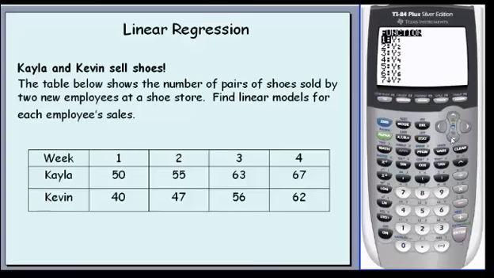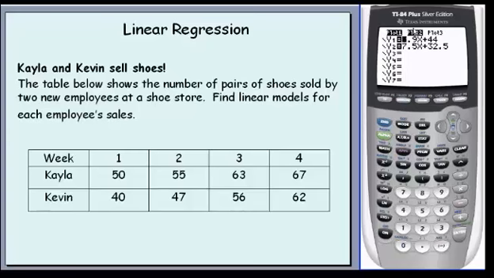This time I want to arrow down to y2 and hit enter. Now I'm going to hit enter for that set of data. There's our regression. I just want to write it in the form y equals 7.5x plus 32.5. And if we hit y equals, there we go. It's already in there for us under y2, just where we wanted it to go.